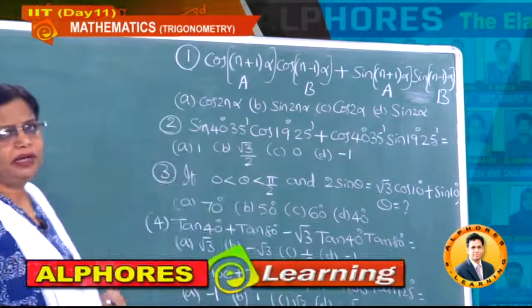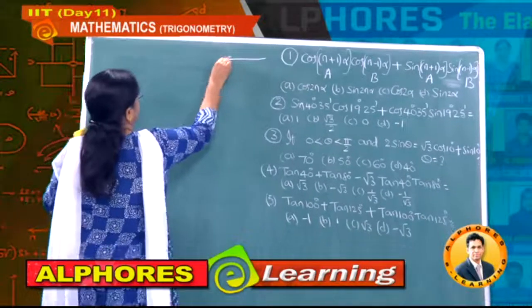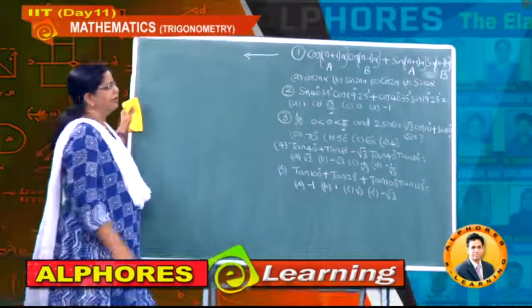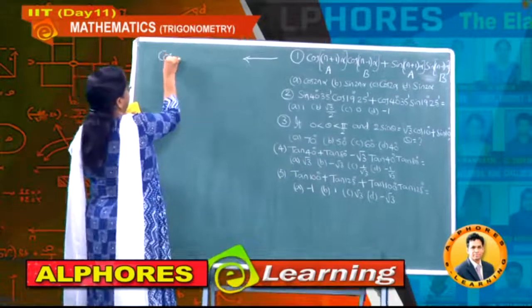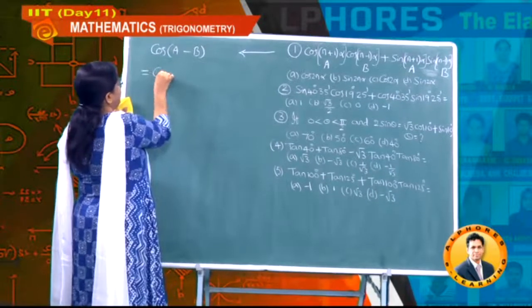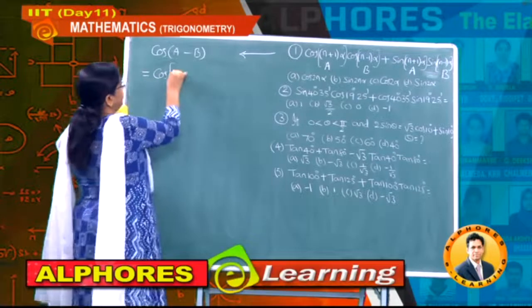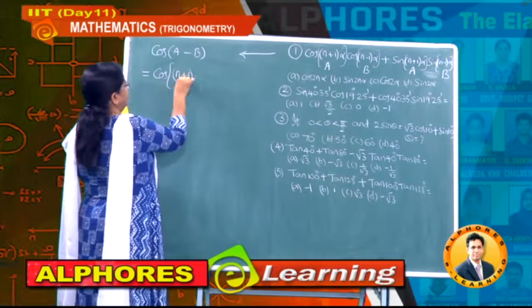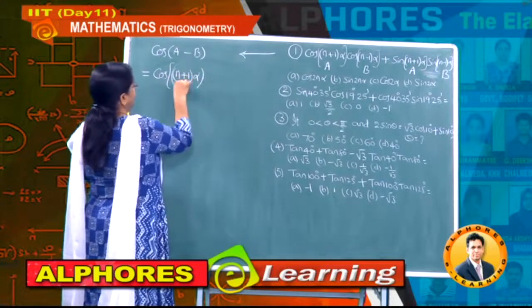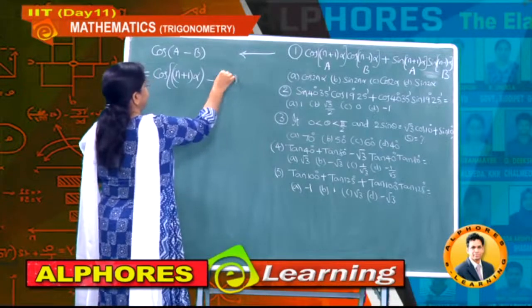What is the formula for it? Cos of A minus B. So to this problem directly you can write the value as cos of A minus B. So what is your A minus B here? Cos of A, what is A here? N plus 1 into alpha. And next what is B here? It is minus, and B means n minus 1 into alpha.